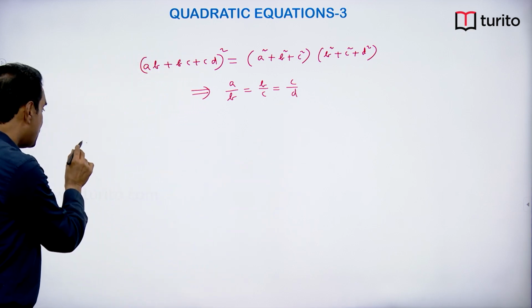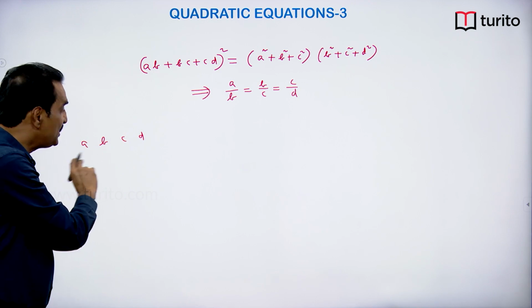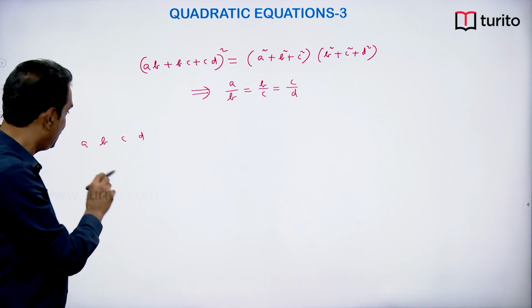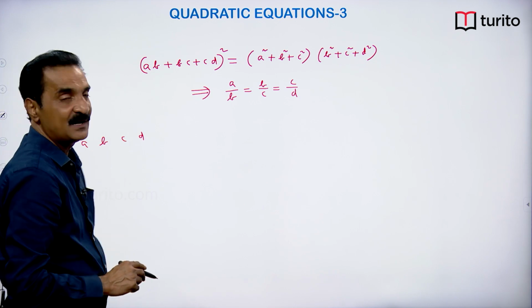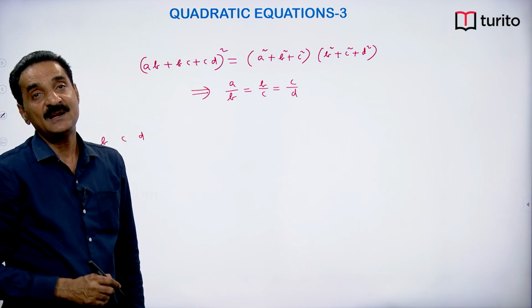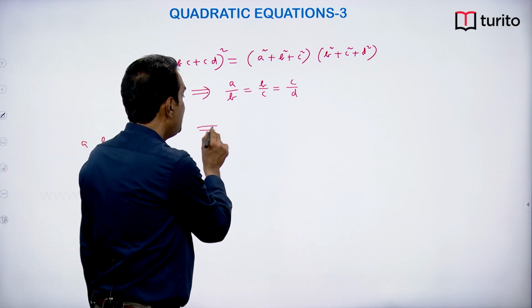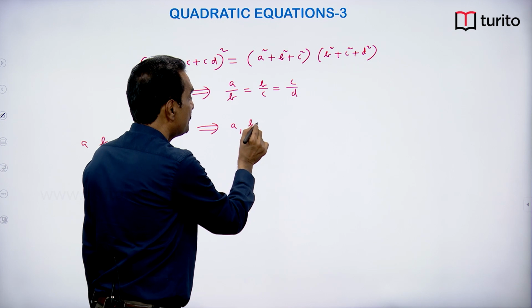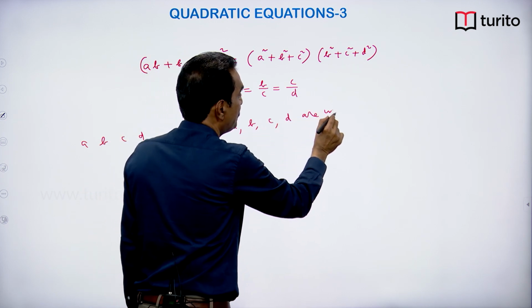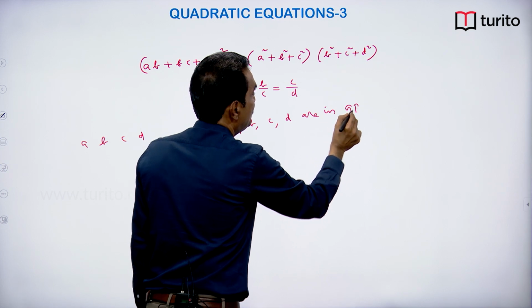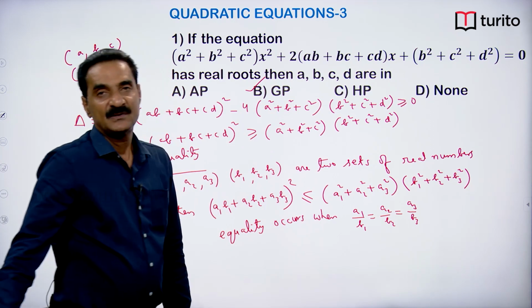In 4 numbers a, b, c, d, if the ratio of any two consecutive terms is same, that means b by a is equal to c by b is equal to d by c, then the numbers are in geometric progression. Therefore, a, b, c, d are in GP. So, in the 4 options, the correct answer is the second option.